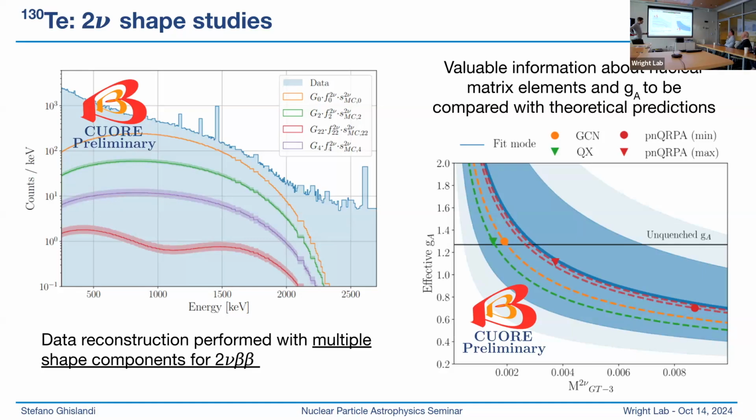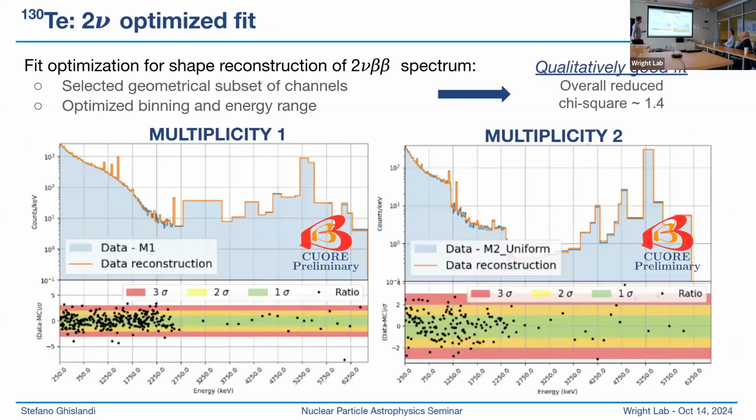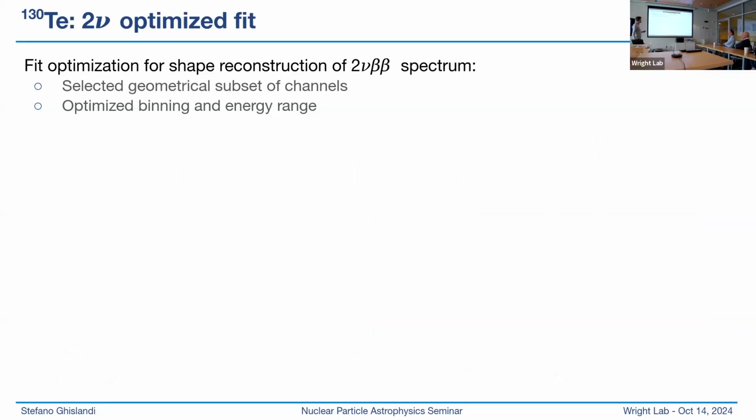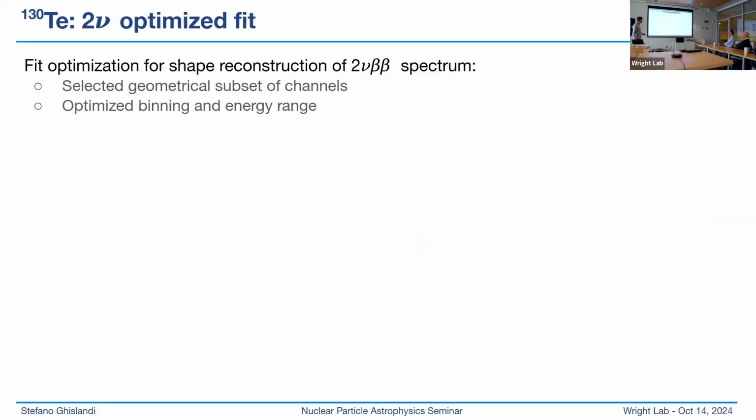What you can see here in the data, as you can see, the uncertainties are quite large for these measurements. I don't know if you noticed, but we don't really have an excellent signal over background ratio, because if you imagine that this is the two-neutrino, here you have a lot of background that is mainly due to the shields and to the copper parts close to the crystals, that could be really good to take out.